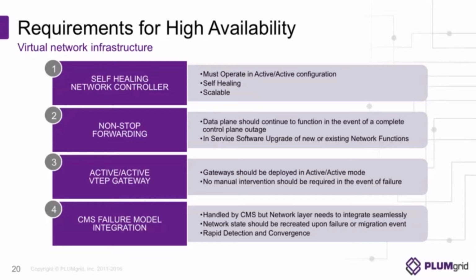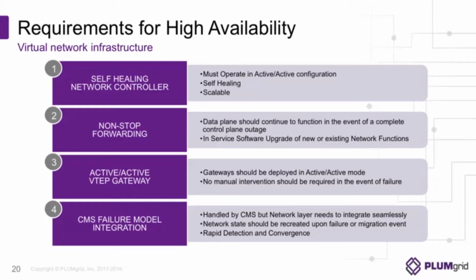And the fourth one has to do with your cloud management system, how its failure model is integrated with you. It's basically a feature of the CMS. The other thing is network state should be recreated upon failure or migration event.